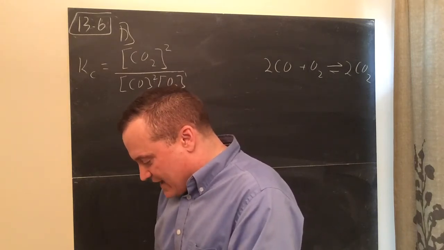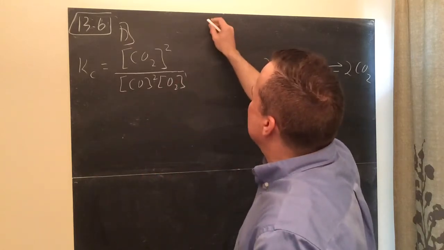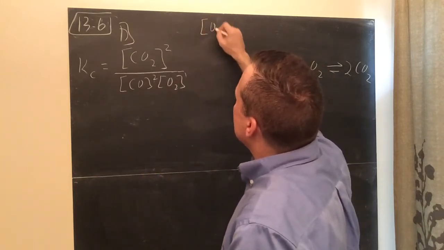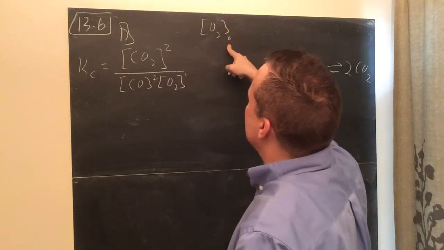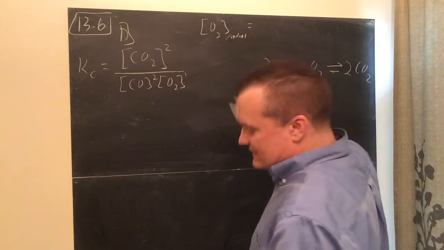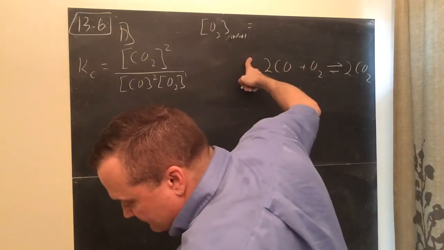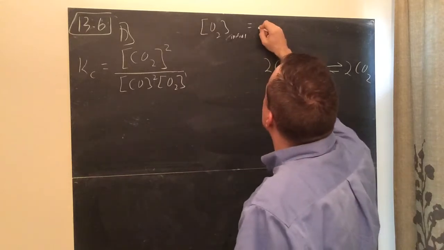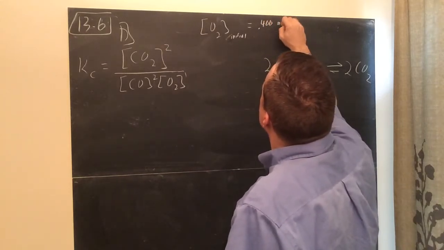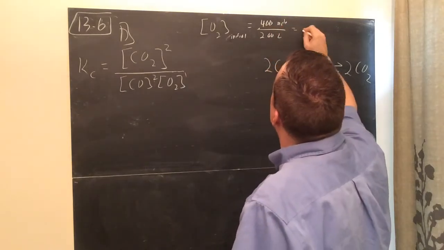A 2-liter flask is filled with 0.400 moles of oxygen. So what that means is your initial oxygen, and sometimes I'll put initial, let's write that. When they tell you something like this, think about this for a minute. Your initial oxygen is 0.400 moles in 2 liters. That means 0.200 molar.